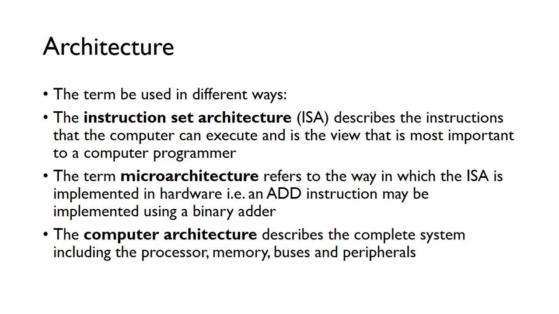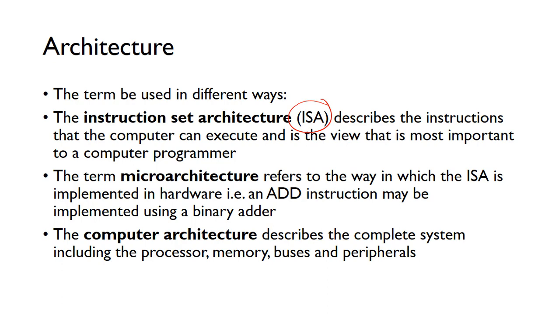I want to mention architecture, because the term can be used in different ways. You'll see it referred to in terms of the instruction set architecture, or ISA. This describes the instructions that the computer can execute, and this is the view that's most important to a computer programmer.